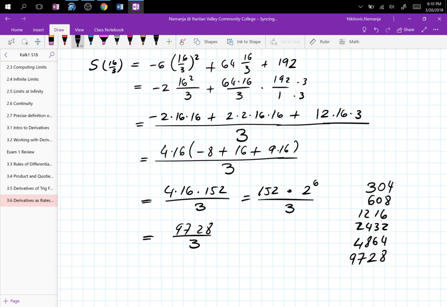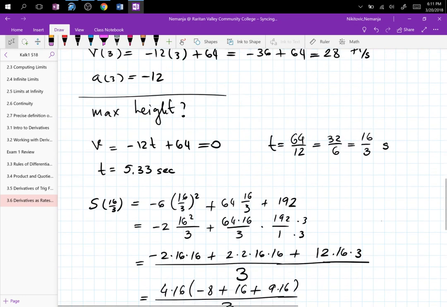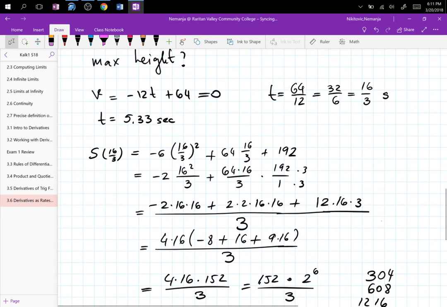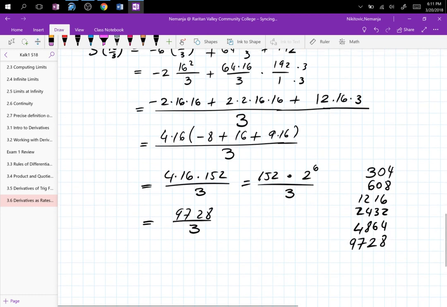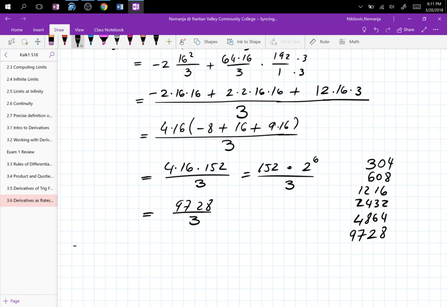Is that good? I mean, you can plug this in a calculator right here and just get it. But you can also do the calculation. So feet, there we go.